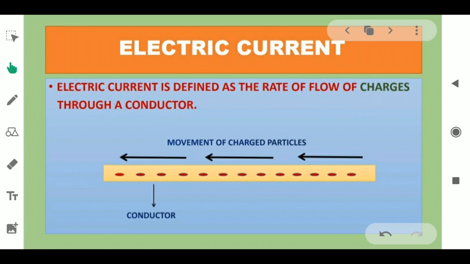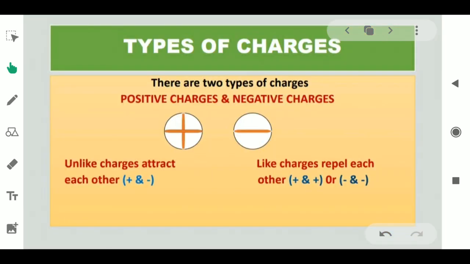Now you got the term charge. What do you mean by charge? The types of charges: there are two types of charges, positive charges and negative charges. And the properties of charges: unlike charges attract each other.